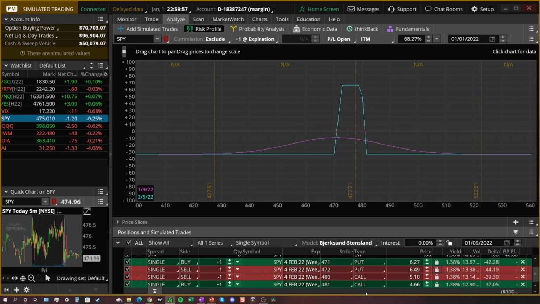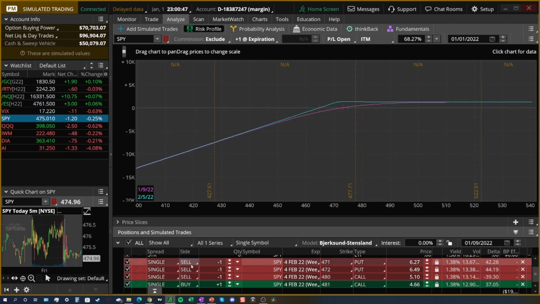I do prefer, in this kind of scenario, doing the iron condor method, where you do a mixture of puts and calls, and I do prefer to sell them, but you don't have to. But if you want to see what a non-range bound condor looks like, well, we can set that up real quick. So I'll swap all these around.